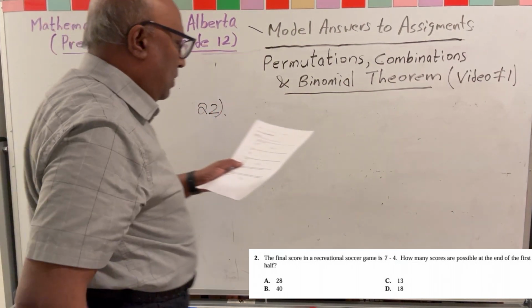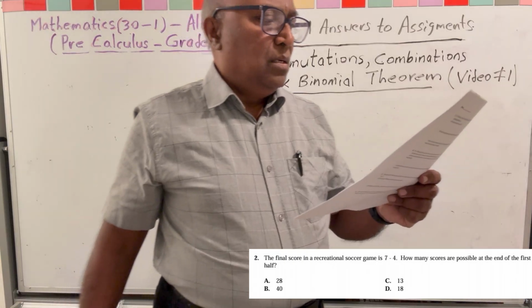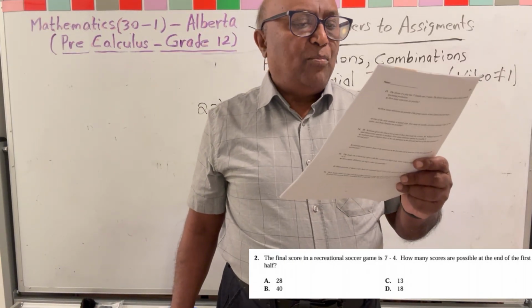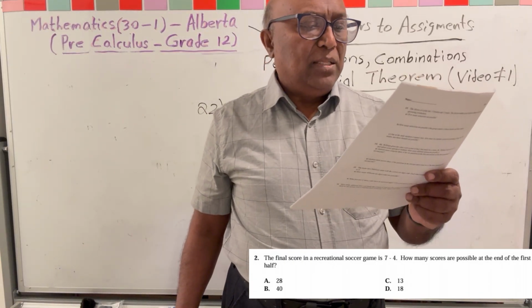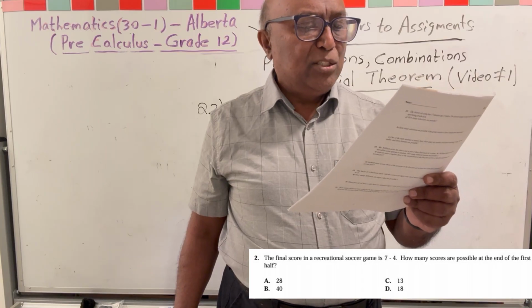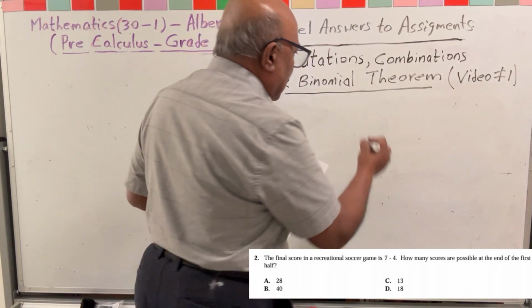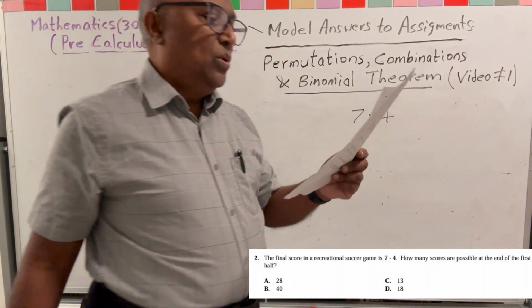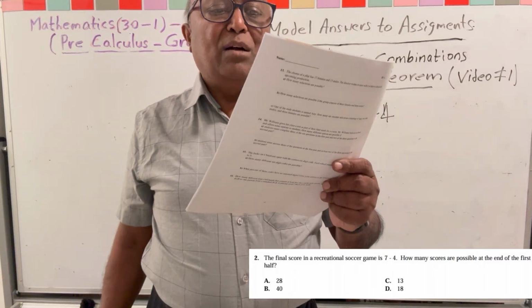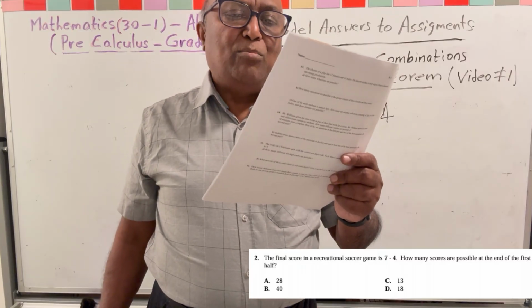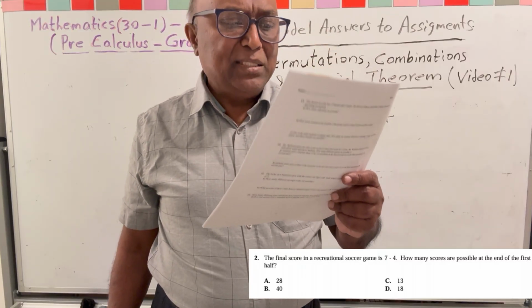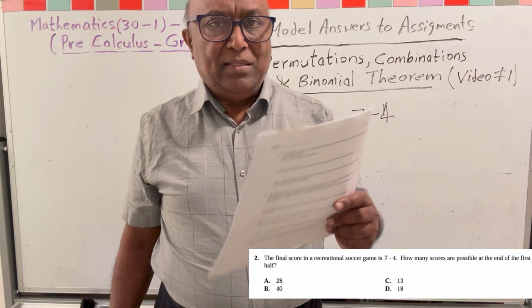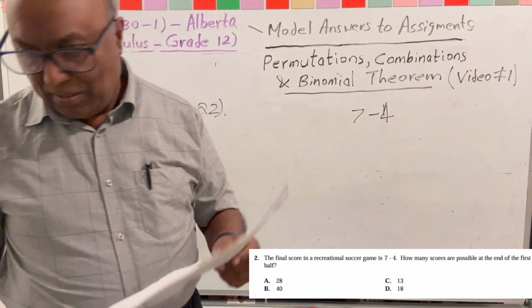What does it say? You can read. The final score in a recreational soccer game is 7-4. How many scores are possible at the end of the first half?